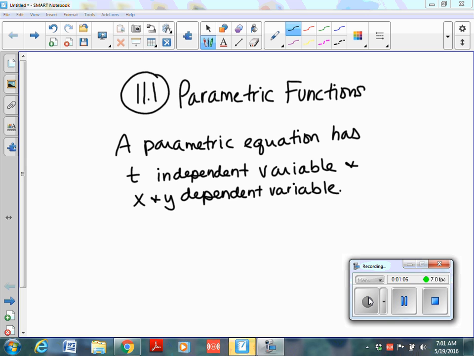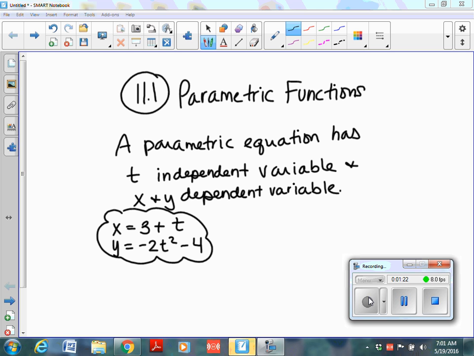So back in chapter 1, x equals 3 plus t and y equals negative 2t squared minus 4 is a parametric equation. It's made up of two equations, x in terms of t and y in terms of t.